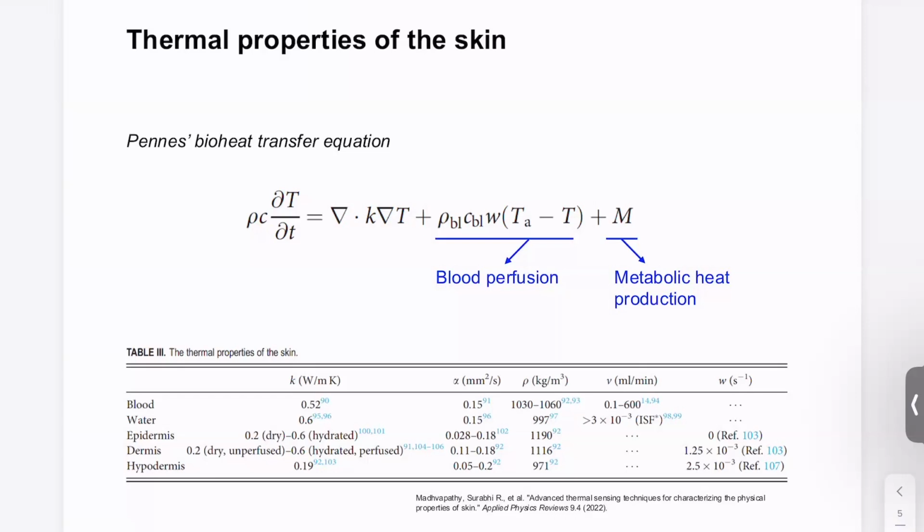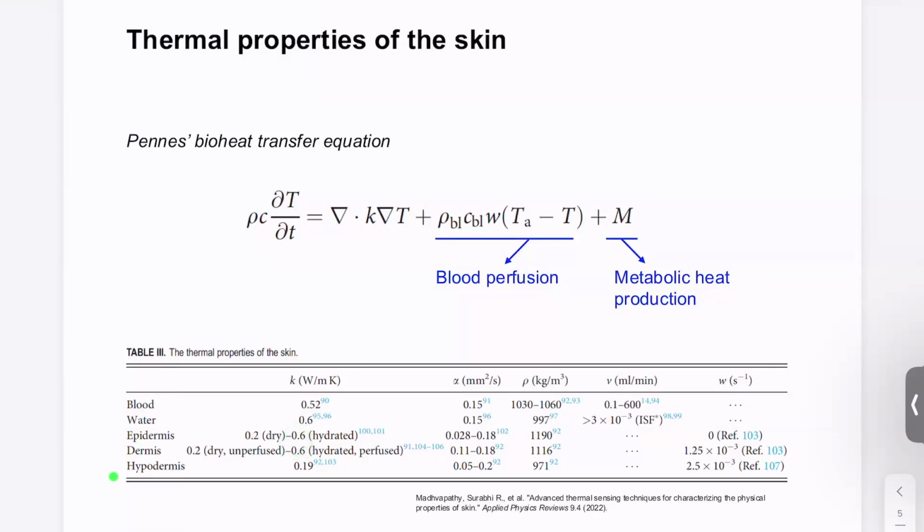Being hydrated means there's more water in your skin. Water is very thermally conductive. Water has a thermal conductivity of 0.6. So when your skin is more hydrated, it has more water, so its thermal conductivity gets closer to water. That's why.